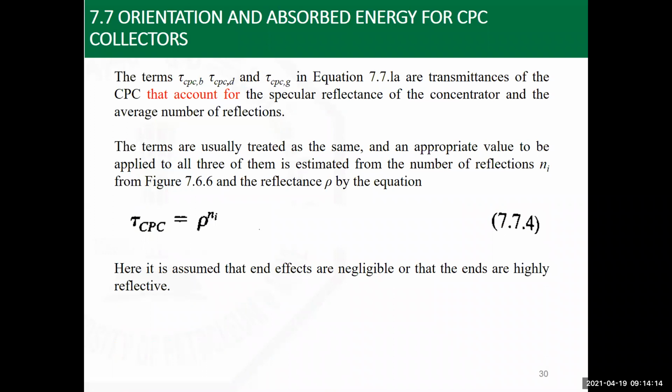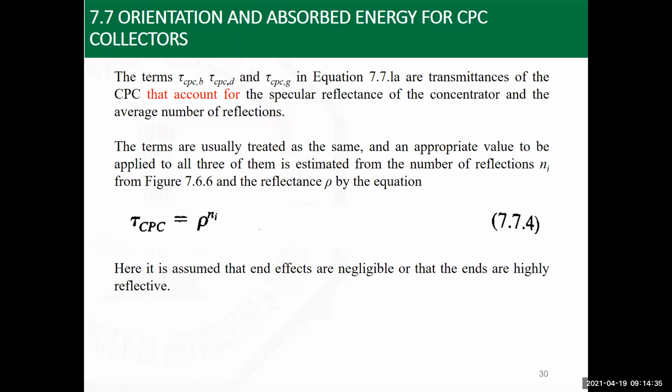The terms that we have seen, tau CPC B, tau CPC diffuse, and tau CPC for the ground reflected radiation in equation 771A, are the transmittance of the CPC that accounts for the specular reflection of the concentrator and the average number of reflections inside.